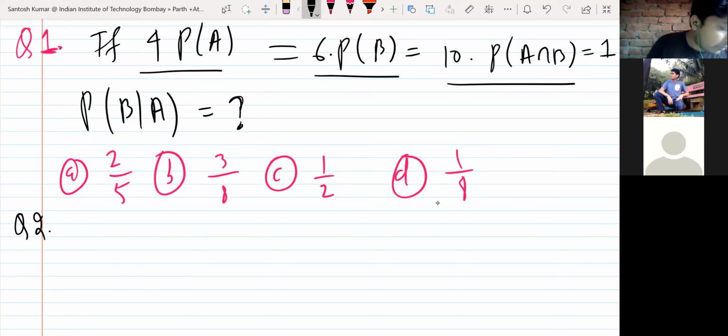Try first. I'm writing the second one also. The probability of happening of an event A in one trial is this.